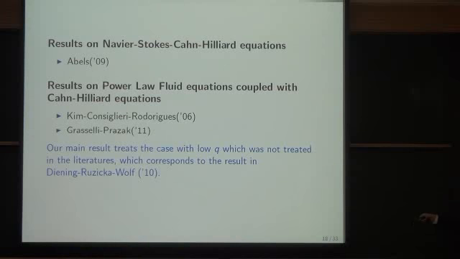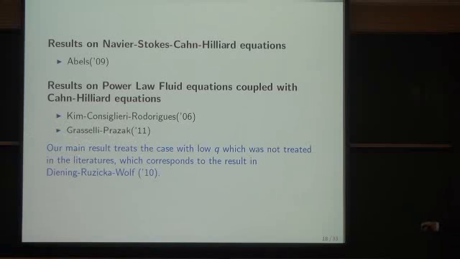And the results on the power law fluid equation coupled with the Cahn-Hilliard equation are due to several people. One result is Kim, Consiglieri, Rodrigues in 2007, which showed the existence of a solution when q is a sufficiently large exponent, and they also showed uniqueness.